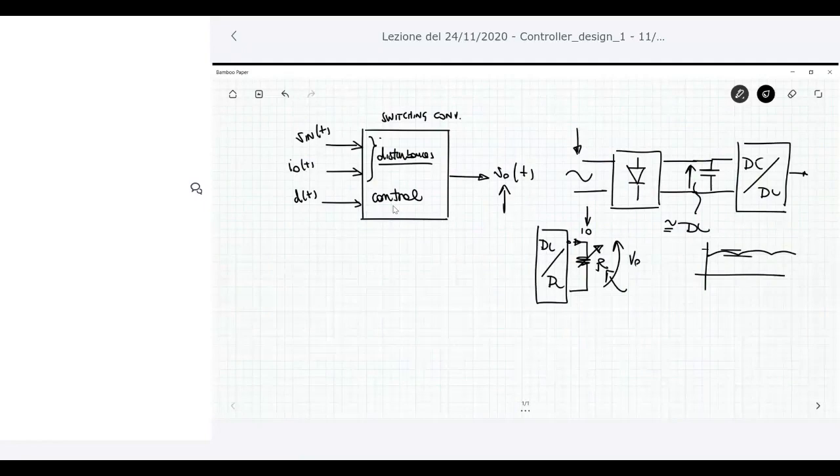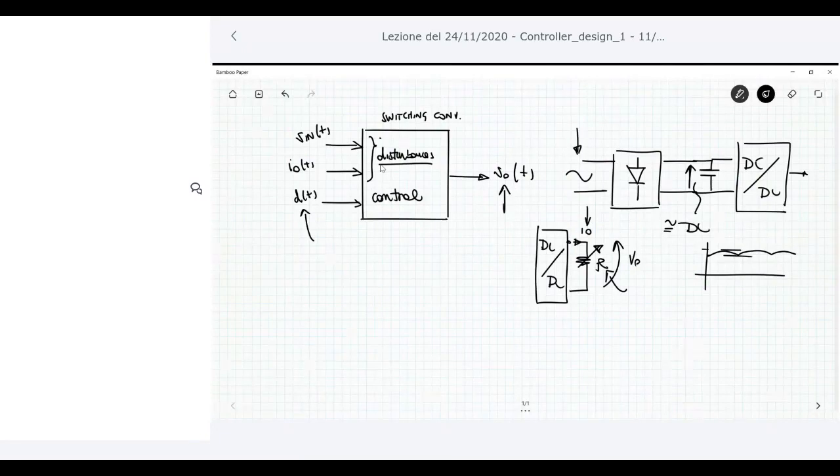And as you learned in the previous lecture, the V0 voltage depends on the conversion ratio. So V naught over V in, for example, depends on the duty cycle. So the duty cycle is the exact quantity that provides the output voltage. It is the quantity that can be changed in order to compensate the variation of V naught due to the disturbances.